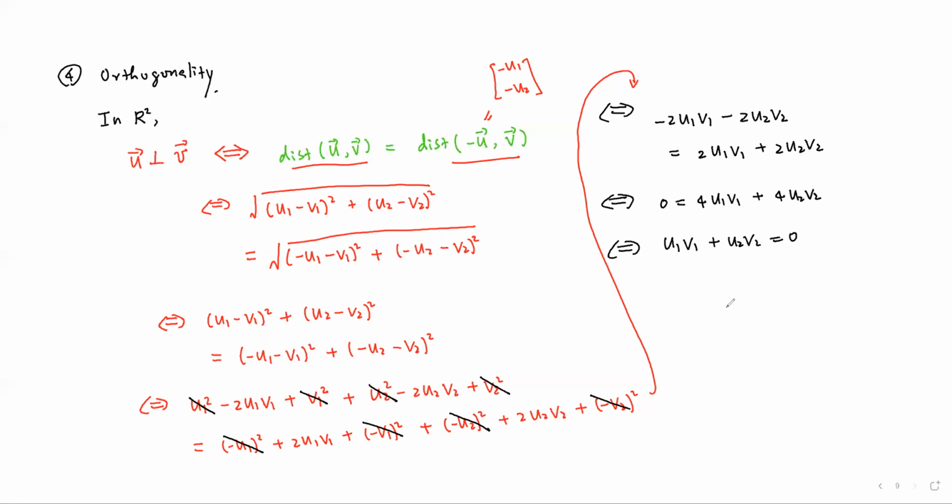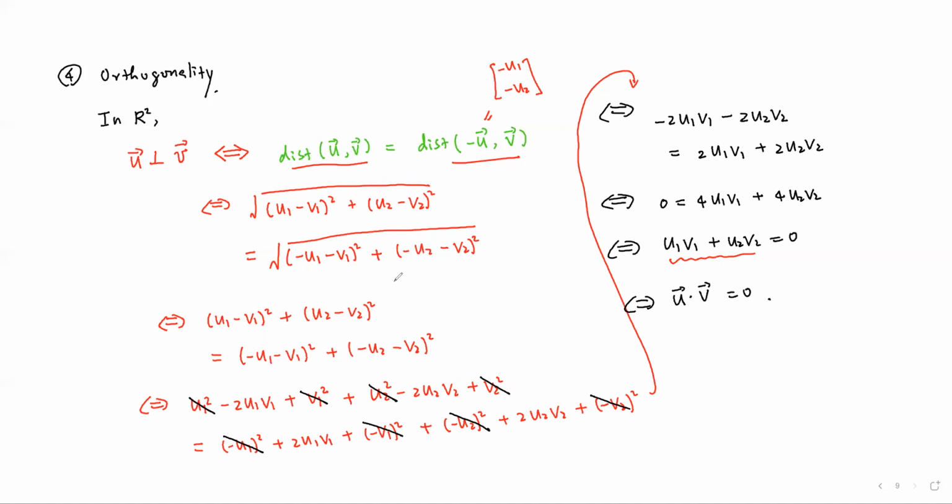Do you recognize what this number is? It is the inner product. This number is actually vector U dot vector V, which is 0.